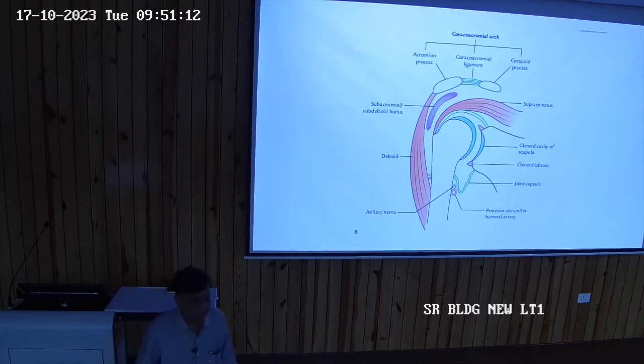So the movements will be restricted in the frozen shoulder, and this commonly occurs in the age of 50 to 60 years onwards, but not in all. Take it for granted, it most commonly occurs in the age of 50 to 60 years, but I am not telling you that it is common.